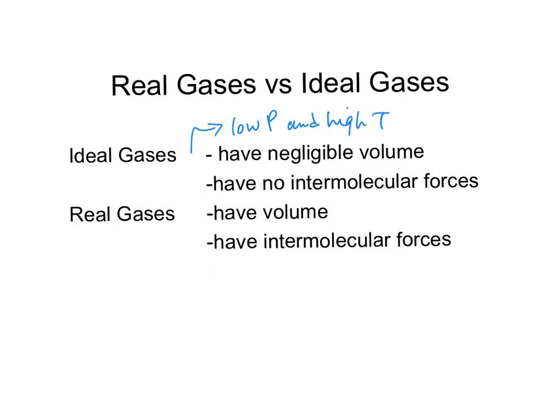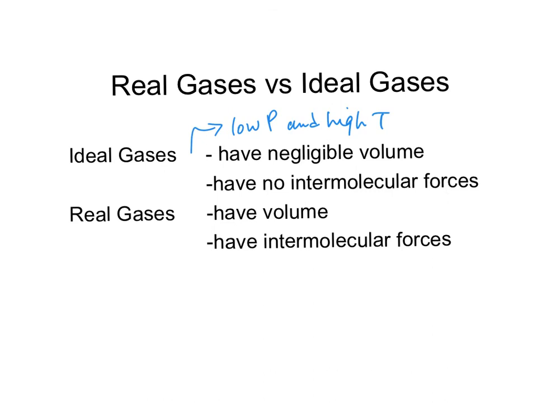And the idea is under those conditions, the molecules are not interacting very much with each other. They're not attracted to each other, because if they're attracted to each other, then their paths are going to deviate from straight line paths. Ideal gas molecules make straight line paths. Real gases do not. And so it changes the pressure and so on.